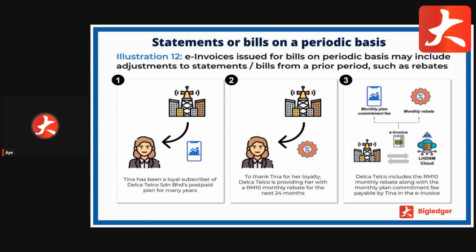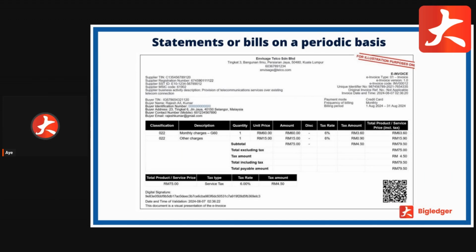For this one, I put an example here. You can see this is the example of the visualization of the printable for the monthly basis. If you look here, you can see the frequency of billing, which is monthly, and then the billing period for August. Because it's monthly, you need to put the billing period also.